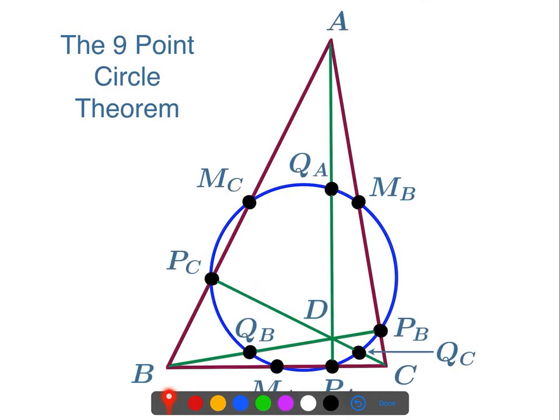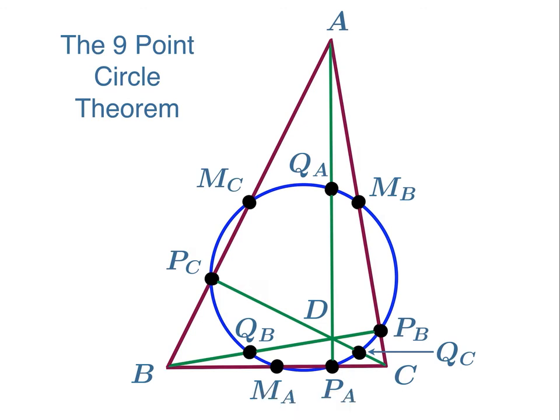So let me show you all the points in this picture. So the M's, again, are the midpoints of the sides. The P's are the feet of the altitudes. The Q's were the midpoints of the segments going from D to each of the vertices, where D is the intersection of the altitudes.